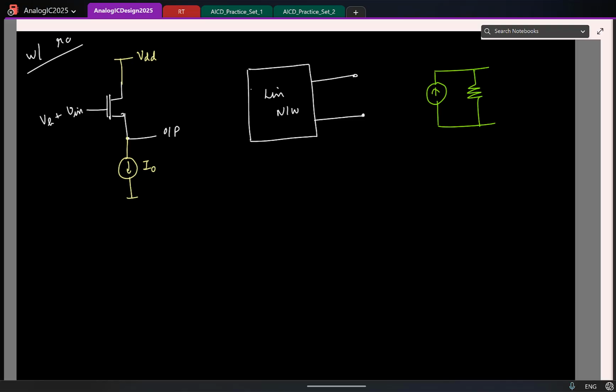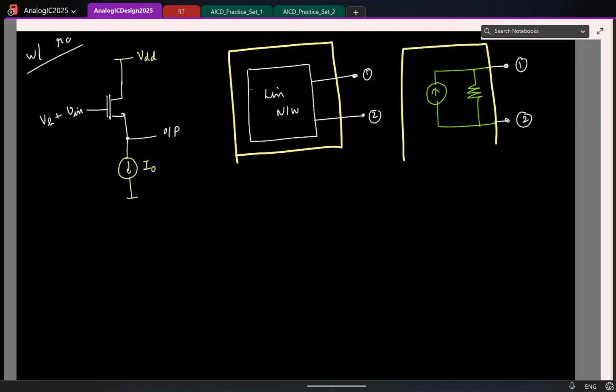So if I call these terminals 1 and 2, and you don't have access to the inside portion of the yellow box, both will behave the same. And how do you find this Norton current? Let us say you have the network.